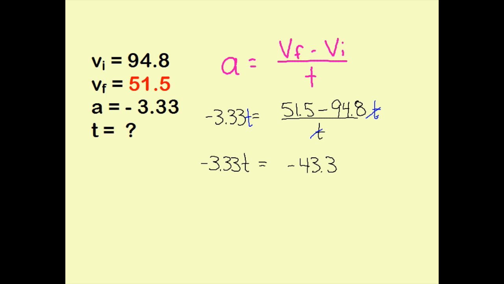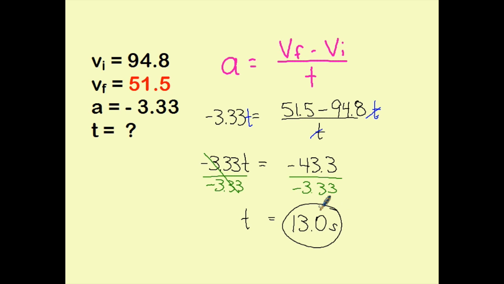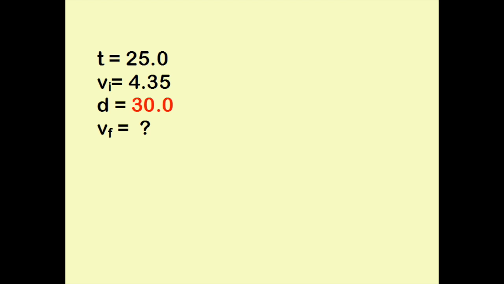And now to get t by itself, I'm going to divide both sides by negative 3.33. And you got t equals 13. If I want to keep three sig figs, I'm going to do 13.0. Got to fill in the 30. The d is 30. And then pick the equation that has those four variables.